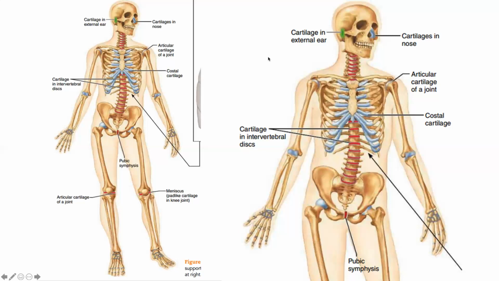And as you can see here, the light blue color-coded areas in the joints are hyaline cartilage. Hyaline cartilage is the most abundant cartilage in our body. It covers the bone ends in the joint, as you can see here.